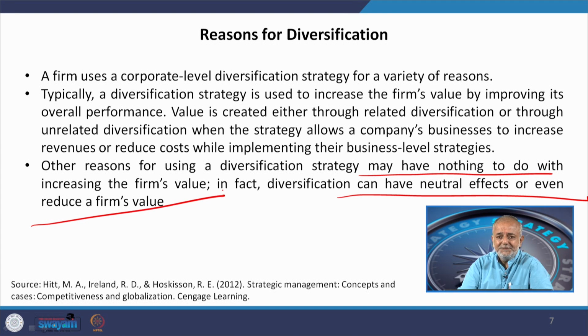Then why is it done? We will discuss this point, why is it done. Many a times, it's just that we have to diversify, because diversification somehow signifies growth, or at least a feeling of growth, as I would put it.